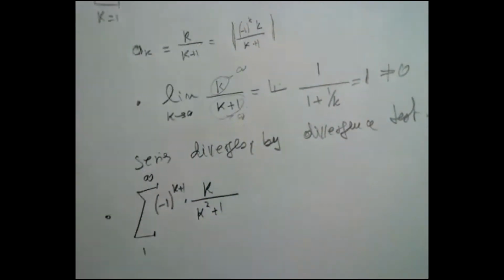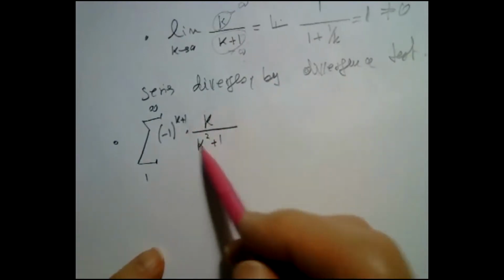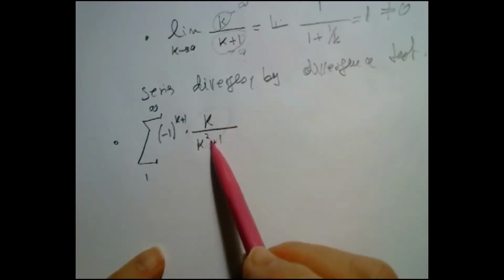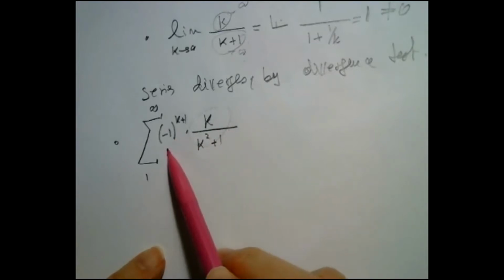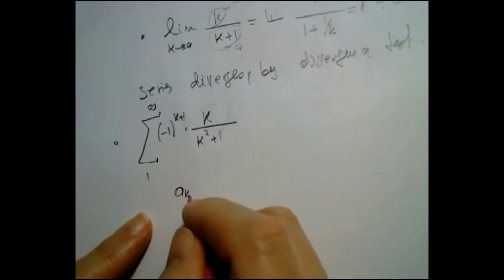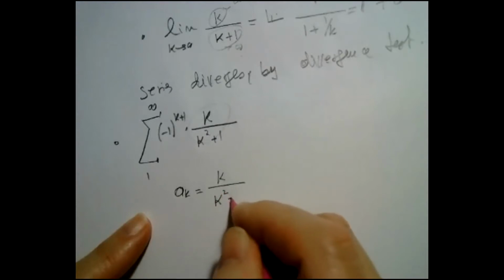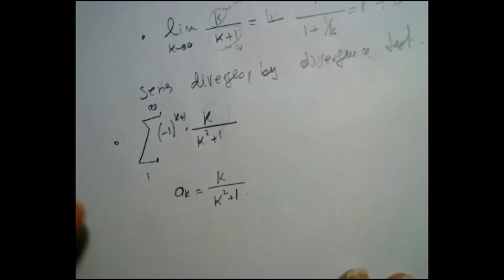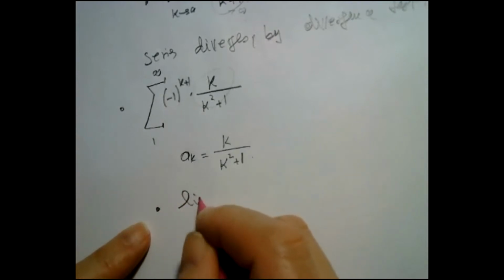This is definitely an alternating series, because those terms are always positive, and this will make the sign alternate. So the a_k are the absolute value, k over k squared plus 1. Now, are both conditions satisfied?